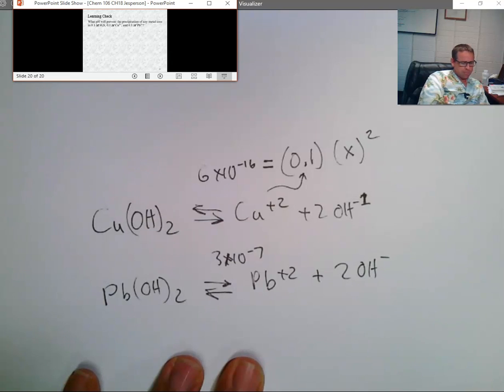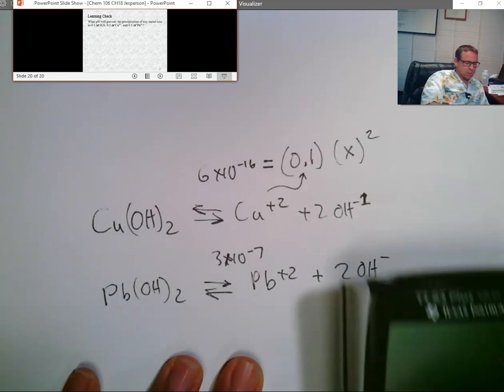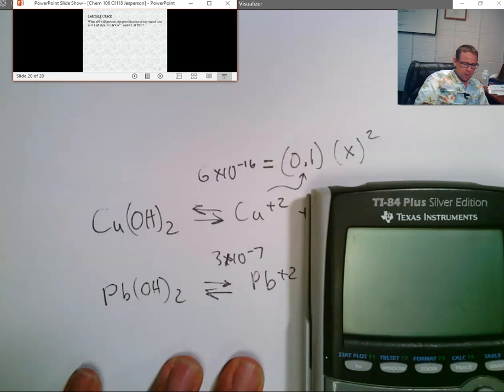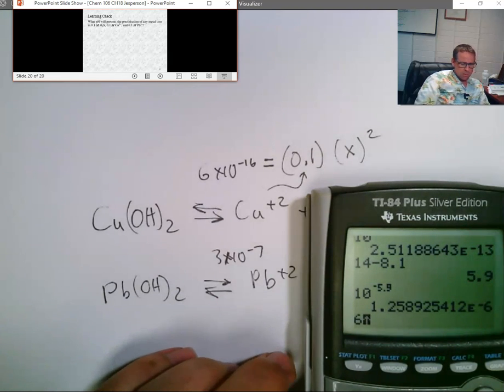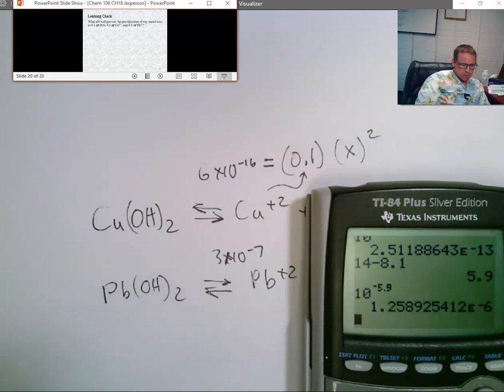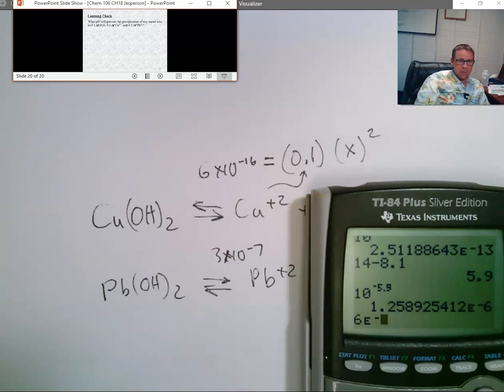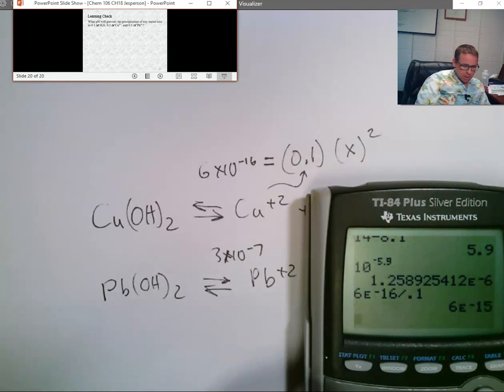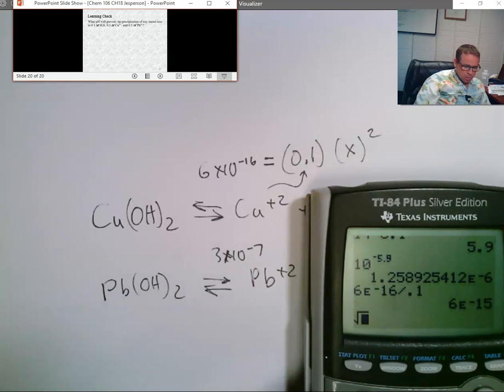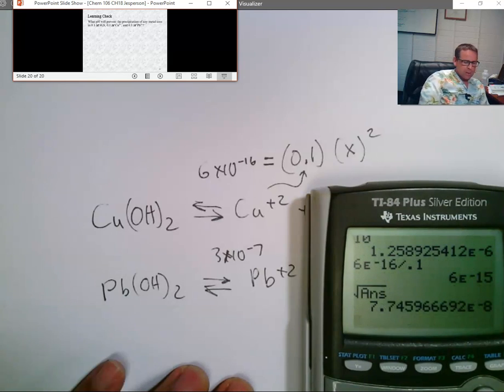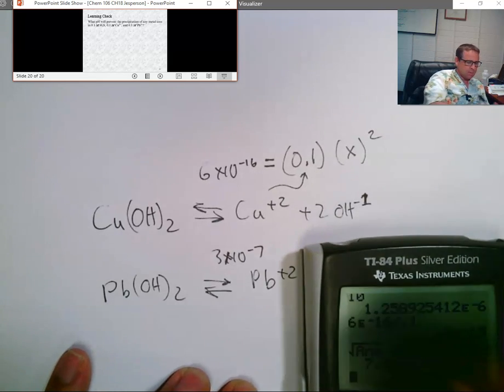Okay. So solve for X there. Six times 10 to the negative 16 divided by 0.1, and then we take the square root of that value. 7.7 times 10 to the minus 8.